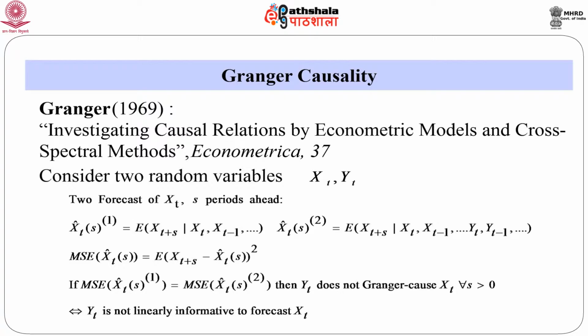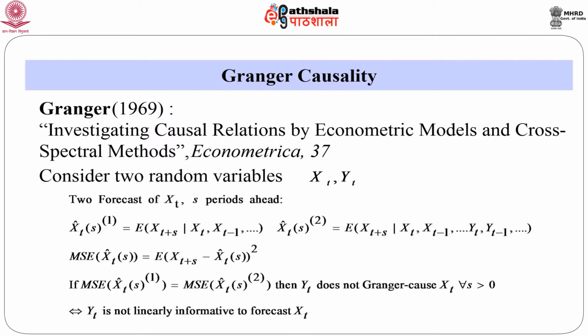In both these cases, consider the mean square error. If you find that the mean square error for the first model is exactly equal to the mean square error for the second model, then our conclusion is that yt does not Granger cause xt for all s greater than 0. That basically implies yt is not linearly informative to forecast xt.